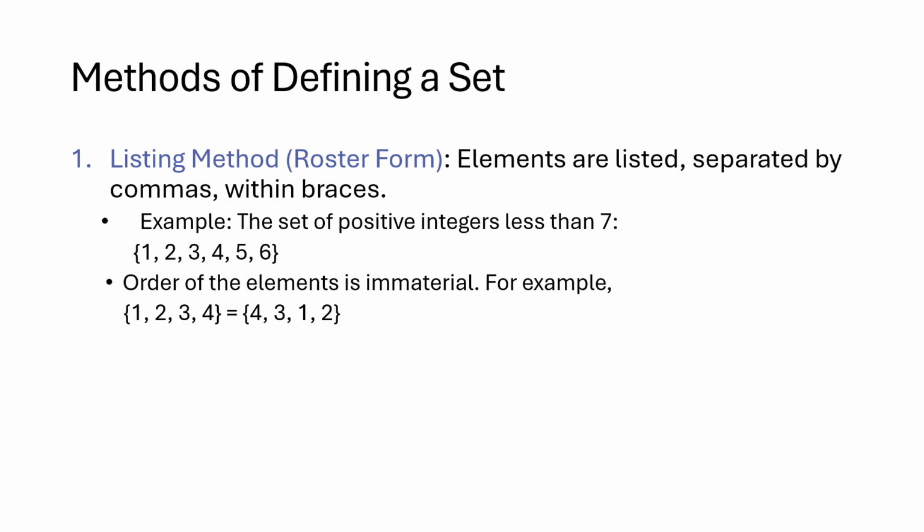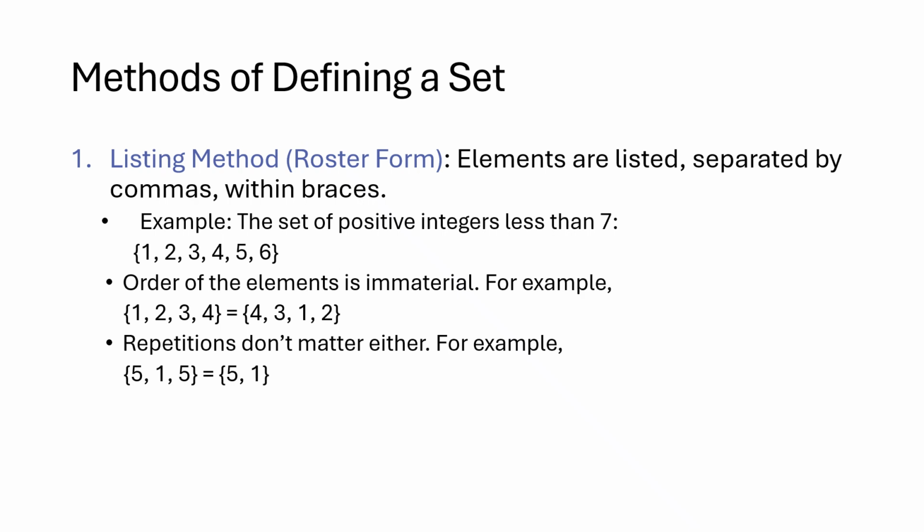Secondly, repetition doesn't matter either. If you repeat an element like 5 in this example twice or 3 times or once, these are all the same set. So the set containing 5, 1, 5 is the same as the set containing 5 and 1. You can get rid of the repetitions because they are not important in the context of sets.